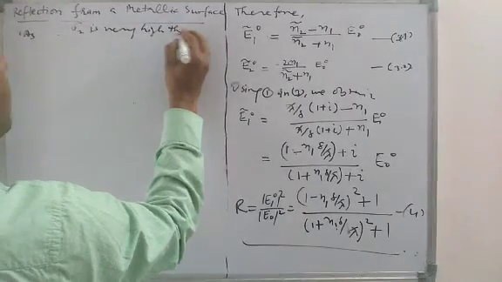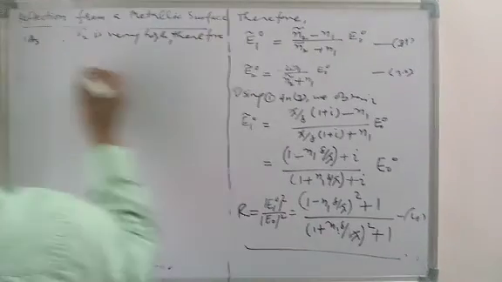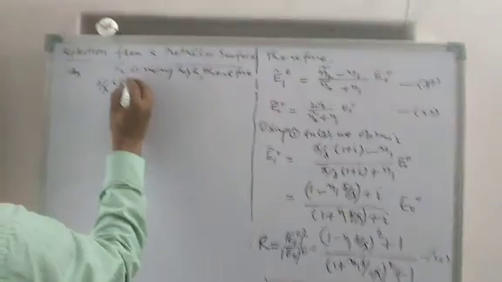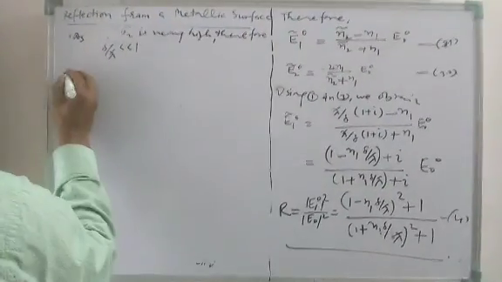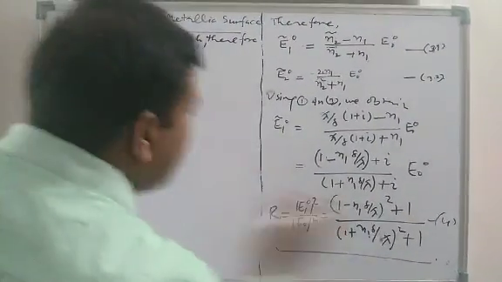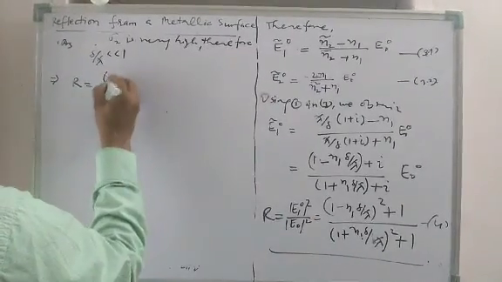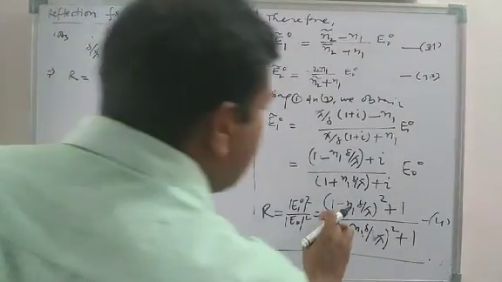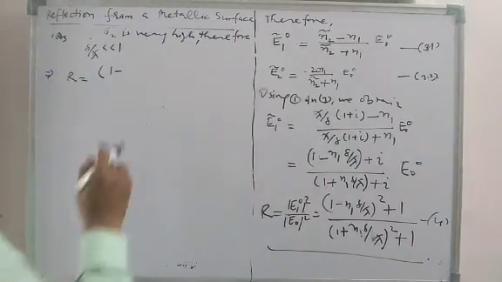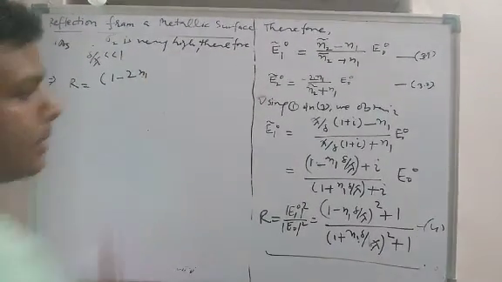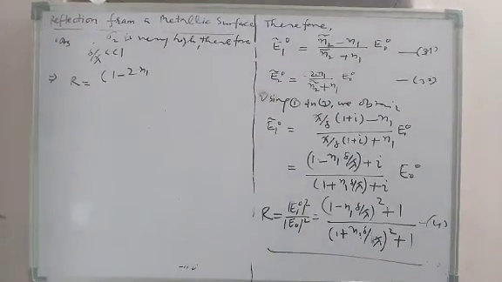So therefore, delta by lambda bar is going to be much smaller than 1. So we will use the binomial theorem to expand these terms, and what we will get is just the first term. So that's going to get us 1 minus 2n1 by n1 delta by lambda.